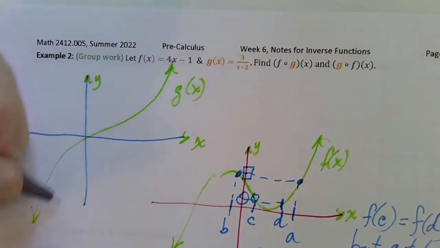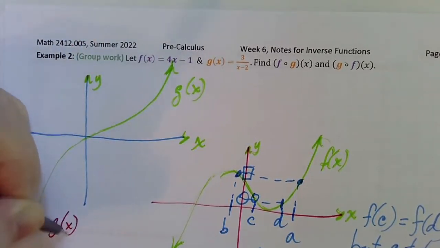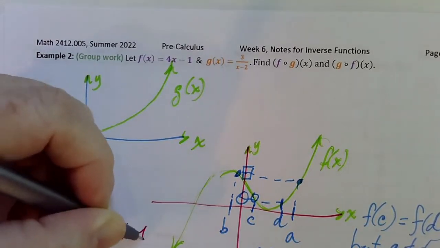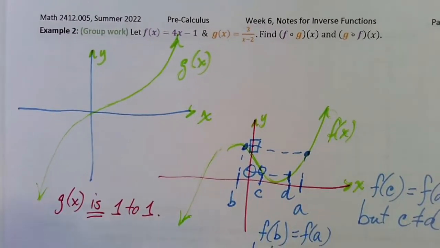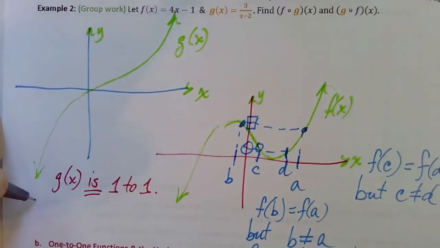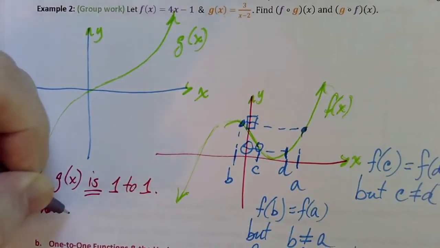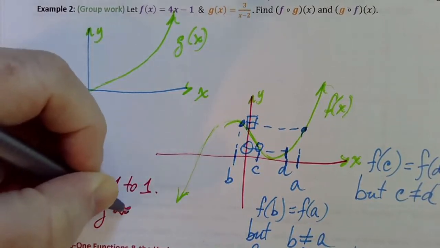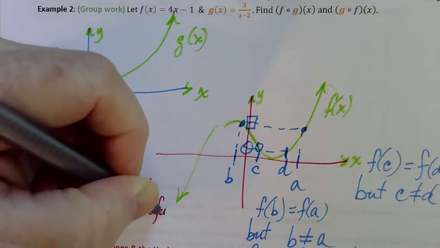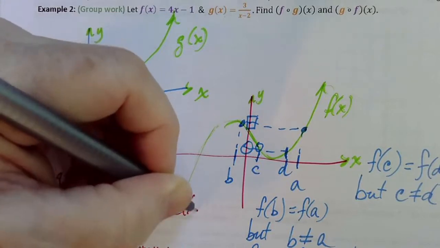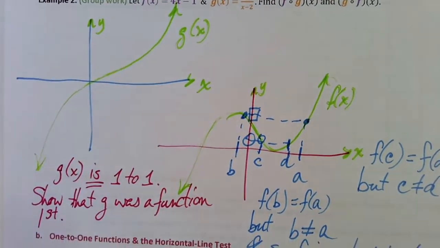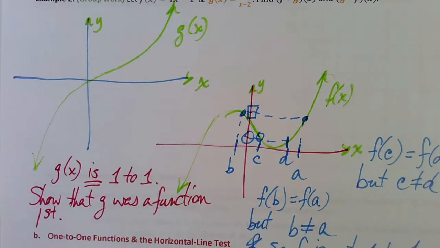So this function g of x is 1 to 1. I had to show that g was a function first. Okay, great.